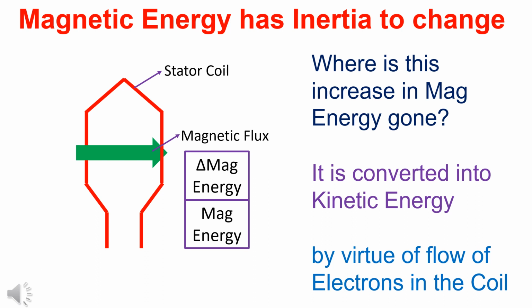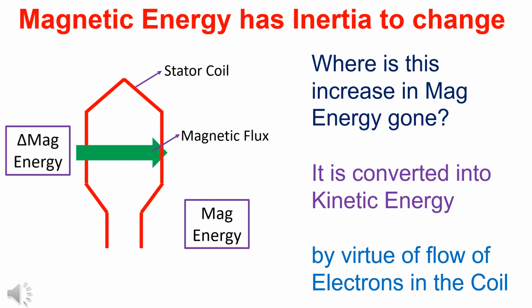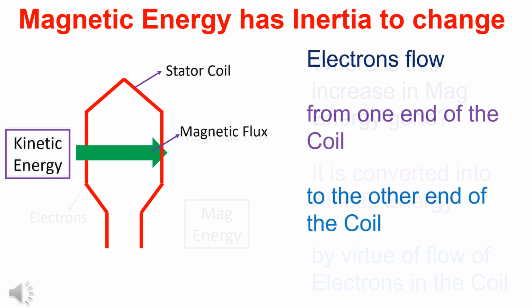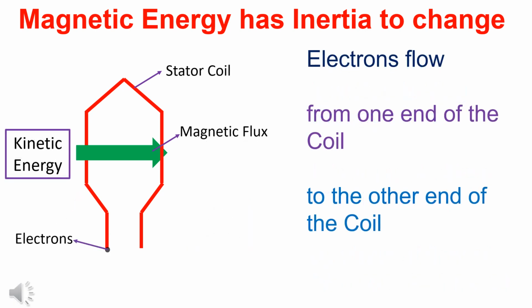Where is the increase in the magnetic energy gone? It is converted into kinetic energy owing to the flow of electrons. Electrons flow from one end to the other end of the coil.